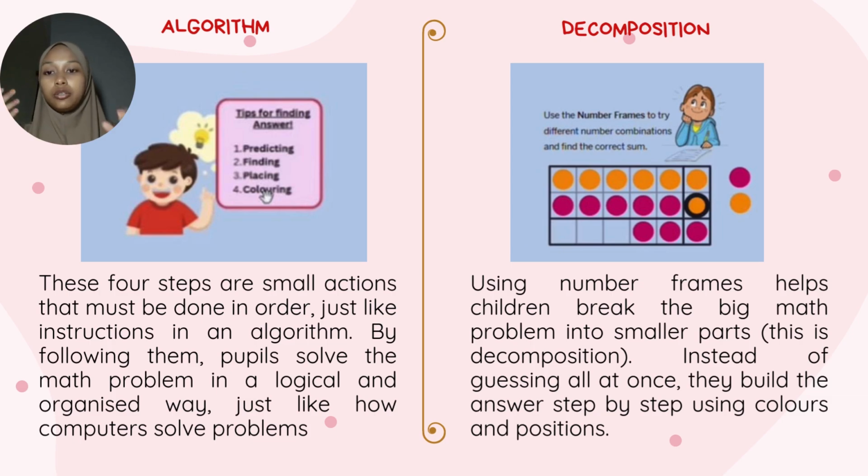We do the 7 first and then change to a different color for the 4 and check whether we get the correct sum or not. By using the number frame, it helps children break the big math problem into smaller parts. Instead of guessing all at once, they build the answer step by step using color and position.